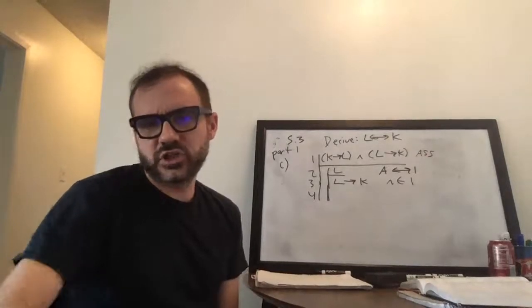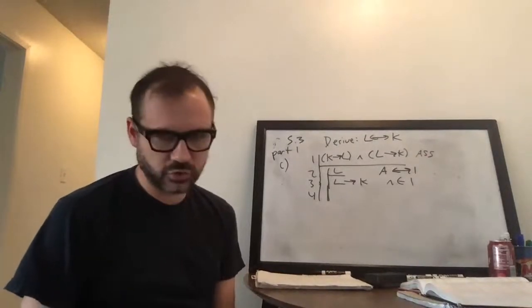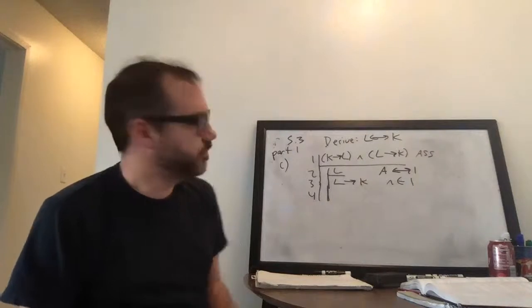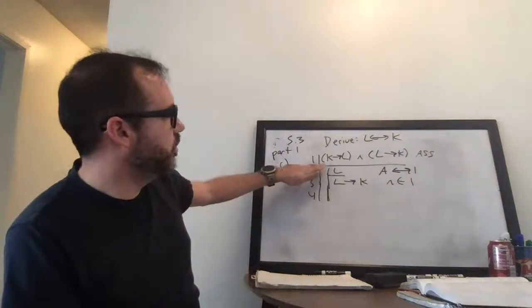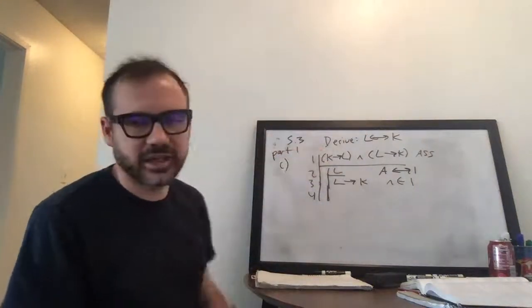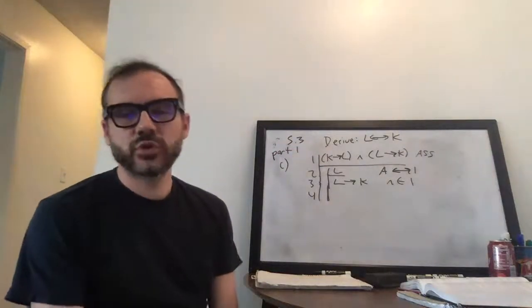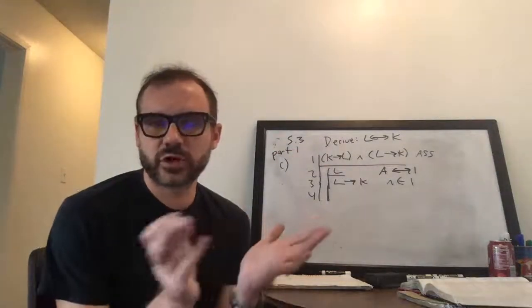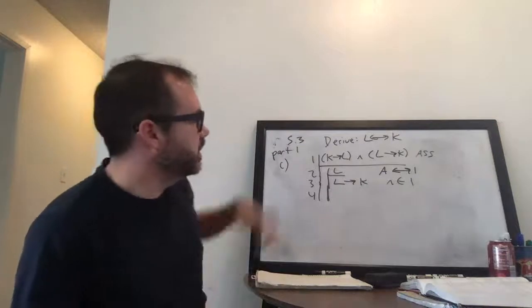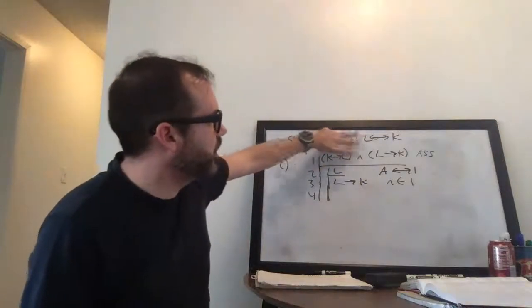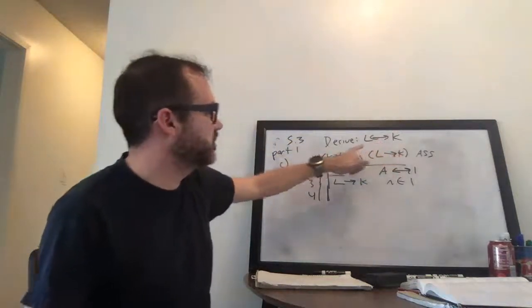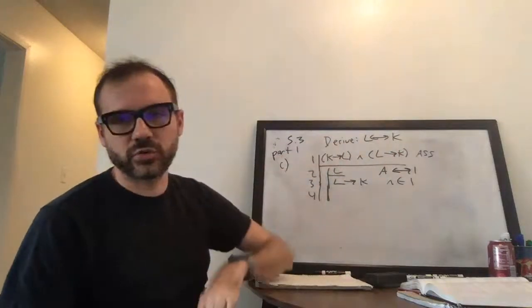So, in the private chat, a student asked me, when would you assume the entire formula, like K arrow L? You would only assume a formula with more complexity than a single letter if that was what was written on the left or the right of the biconditional symbol in the sentence that you're told to derive.